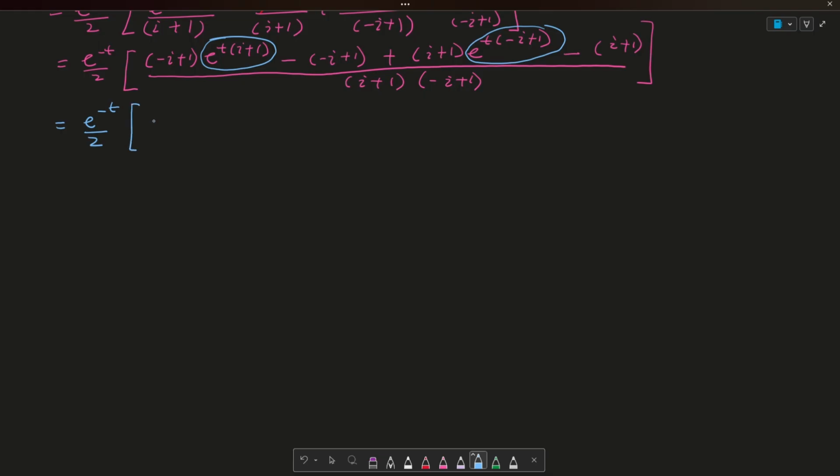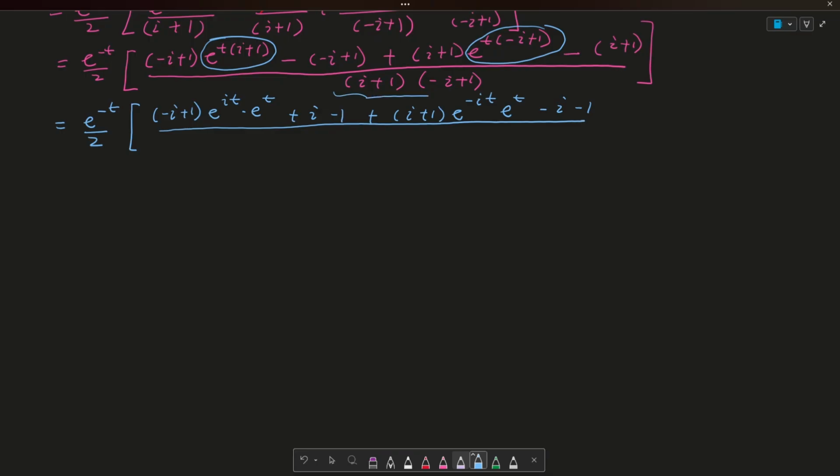So then this is times (minus i plus 1) e to the i t times e to the t plus i minus 1, plus (i plus 1) e to the minus i t times e to the t minus i minus 1. And again, this is all over. Let me go ahead and distribute this here using the FOIL method.